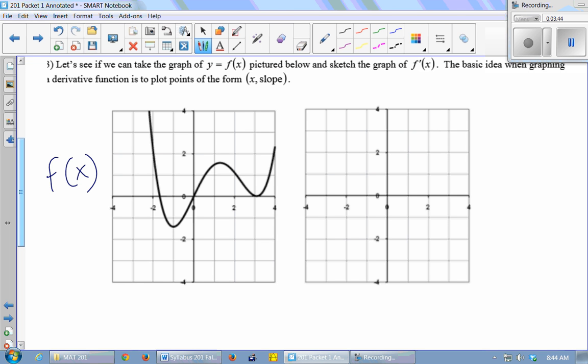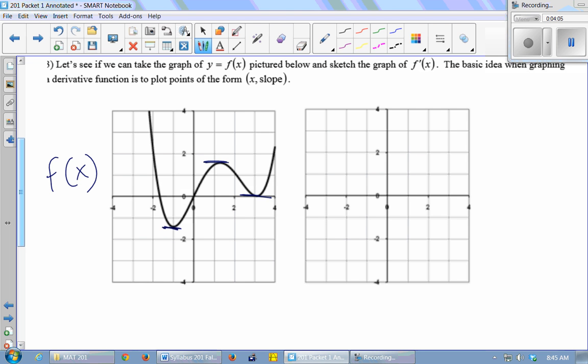So are there any x values in this picture that have really easy to calculate tangent line slopes? The flat spots, yeah. So right here and right here, you have horizontal tangent lines. Horizontal tangent lines have slope of 0.